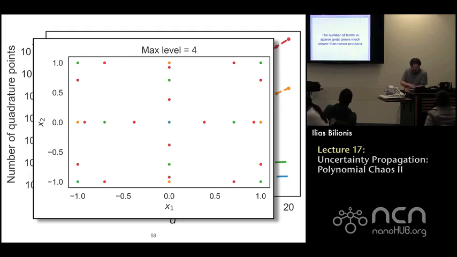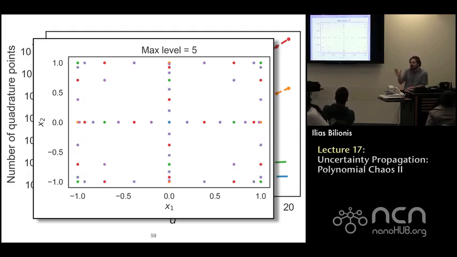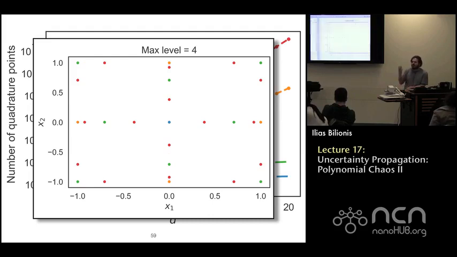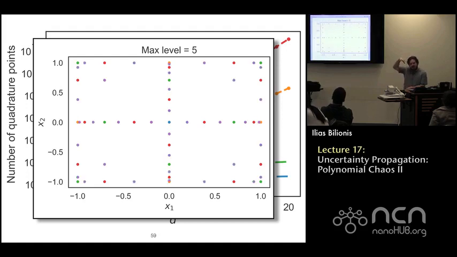The idea is that you evaluate your integrals with level 4, you go to level 5, and you compare the values, and if it hasn't changed, you stop. The whole point is that all the points of level 4 are included in the level 5 quadrature. So the level 5 quadrature only has additional points.